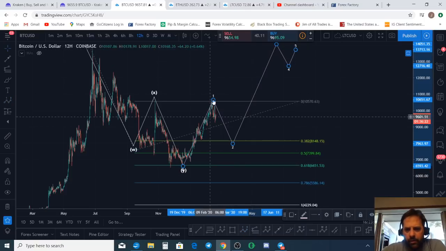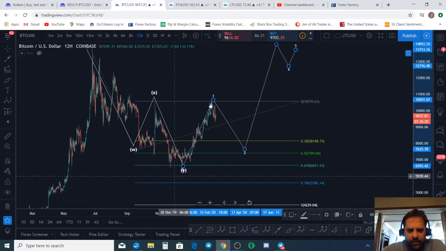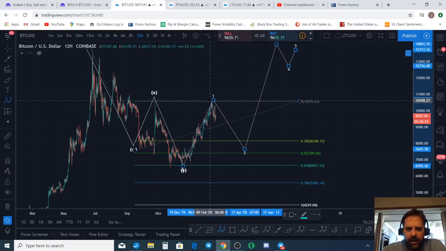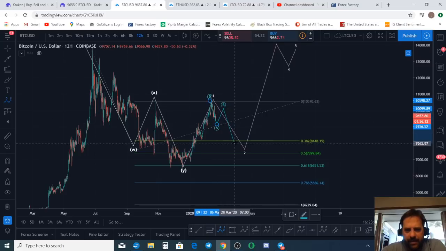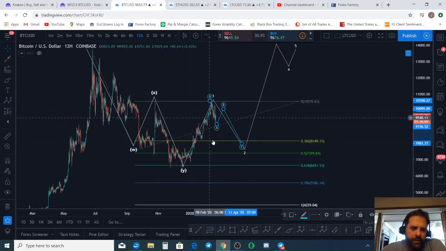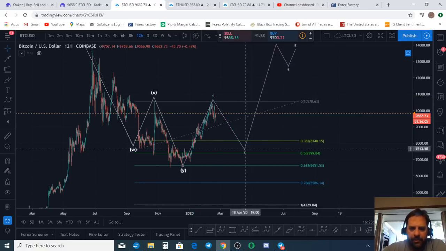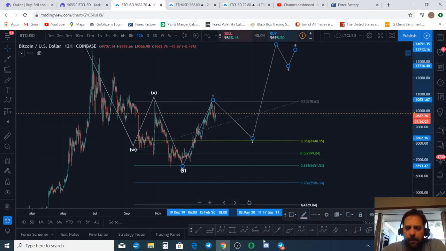If this 1 wave, this 5 waves, is complete, then in the large time frame we're looking for an A, B, C correction down, or a WXY, some kind of 3 wave something that measures an appropriate amount of time and price.